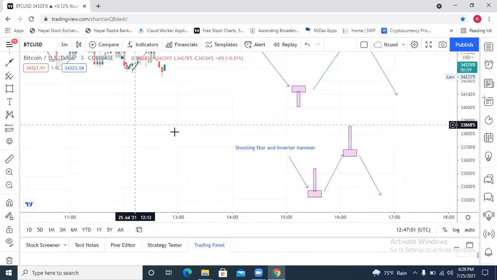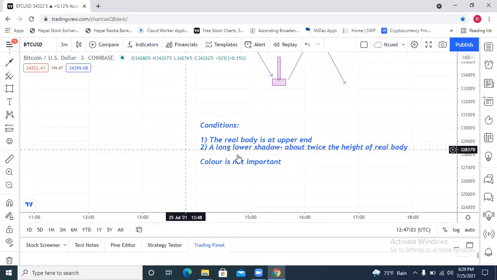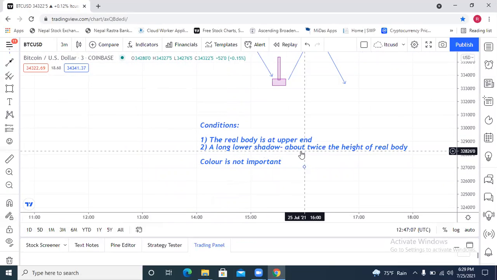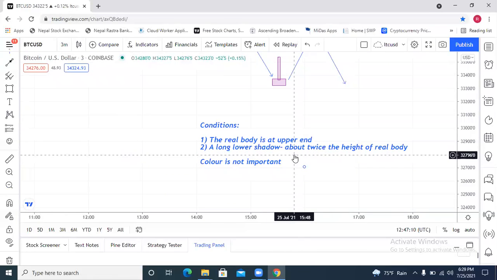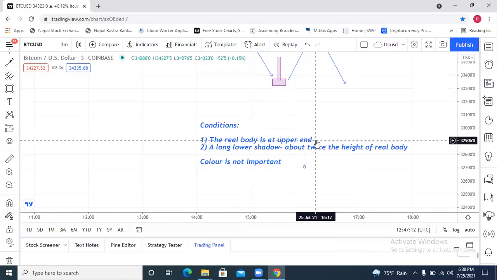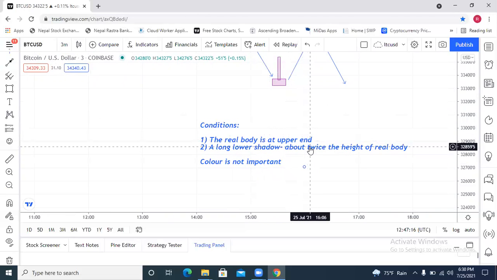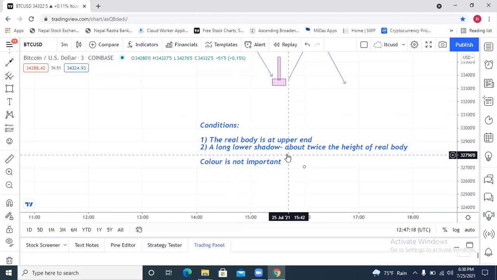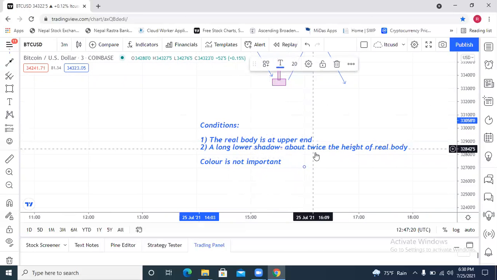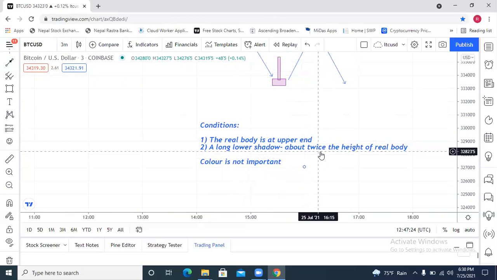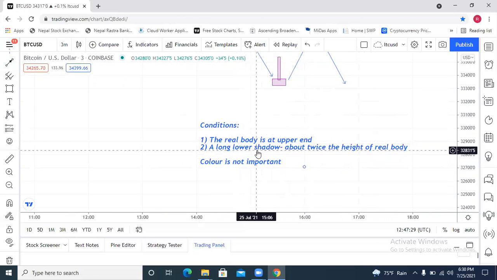Let's look at the conditions when it works beautifully. This is the condition. The real body is at the upper end for a hammer. If it is the shooting star or the inverted hammer, the real body will be at the lower end, and the long lower shadow will be there. We can measure it by comparing the height of the real body and the height of the lower shadow or the upper shadow.